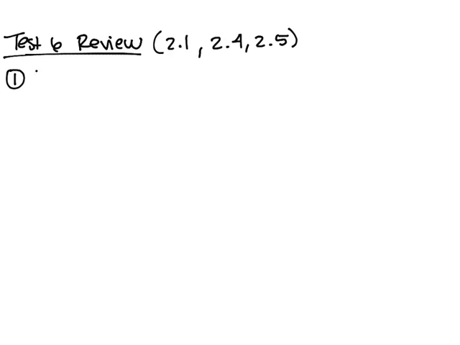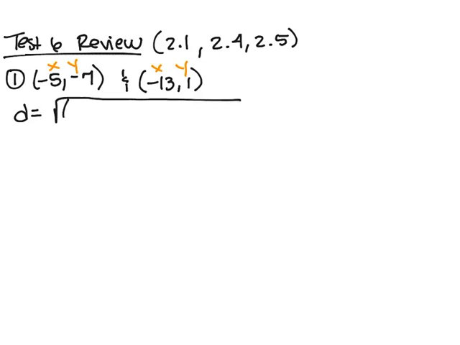So for number 1, the points are -5, -7, and -13, 1. So we're going to take these 2 points and plug them into the distance formula. You should have your x numbers subtracted squared plus your y numbers subtracted squared.